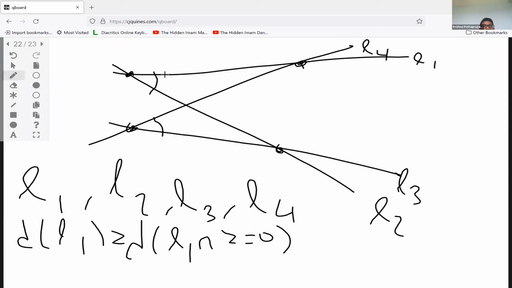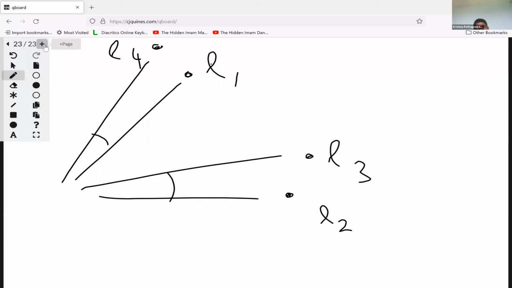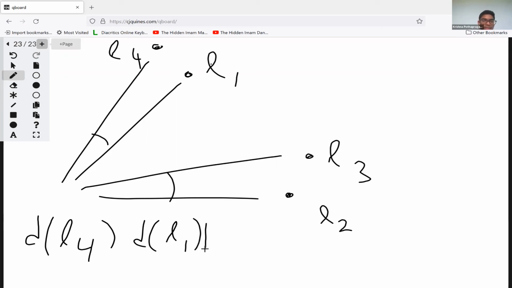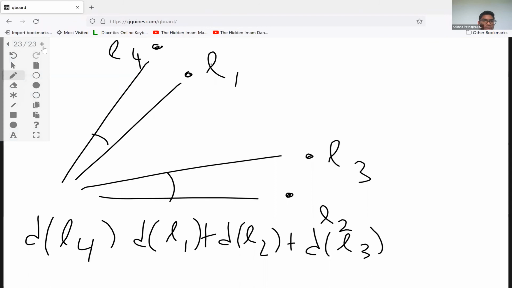Remember, that's a definition of cyclic. These angles are the same. So we want to show that this point with degree of L4 or less and a point with degree L1 plus degree L2 plus degree L3 are the same.